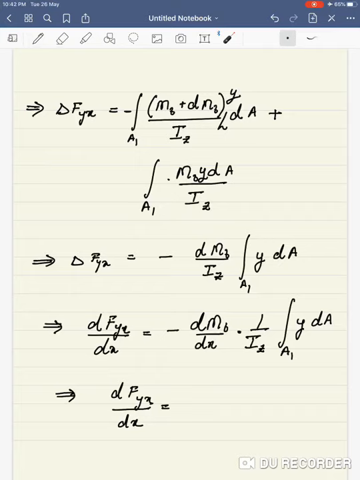It's the negative of shear force, so minus will take care of that. So I will just have plus over here, right? So V by Iz integral y dA a1. And this is a very, very important equation.